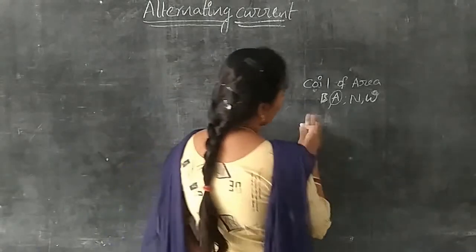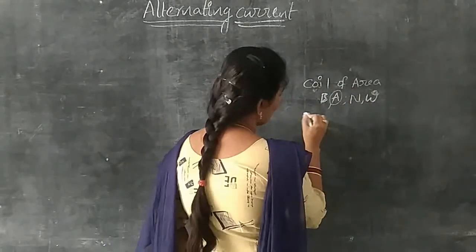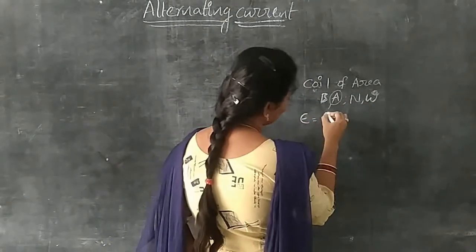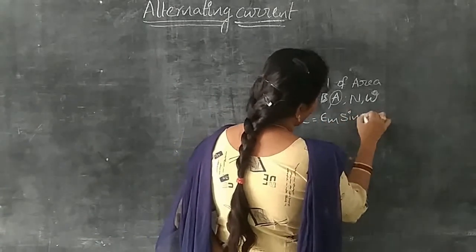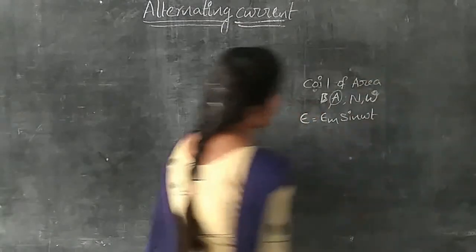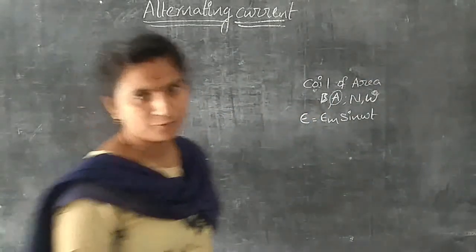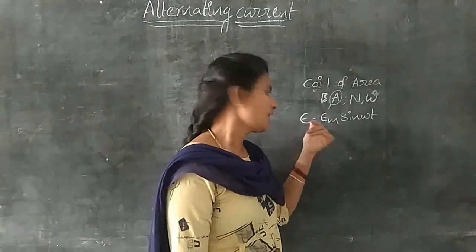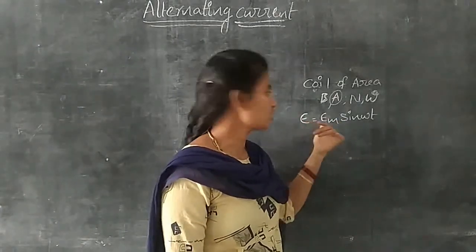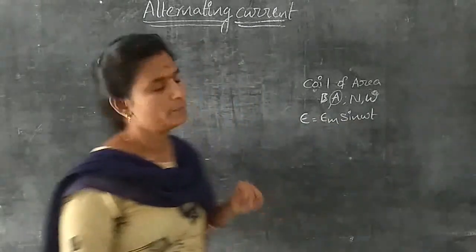So then what is the induced EMF? E is equal to Em sin omega t is the induced EMF. So in the previous chapter, in the AC generator, E is equal to Em sin omega t.